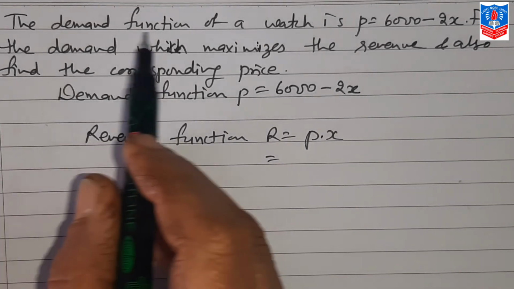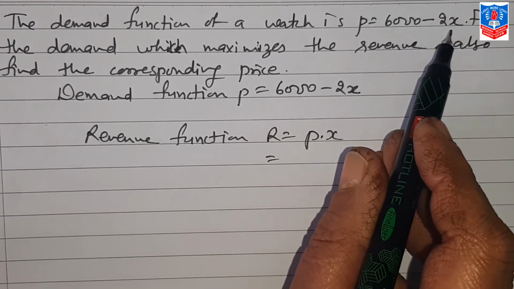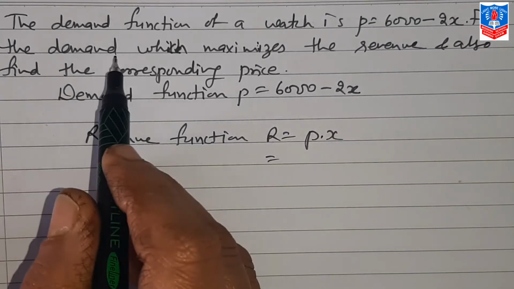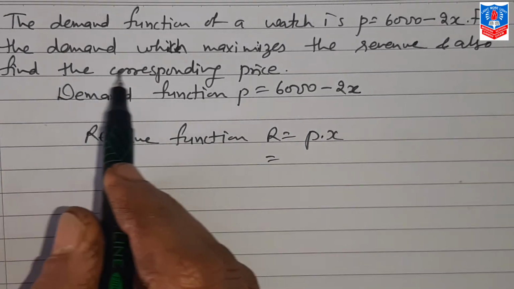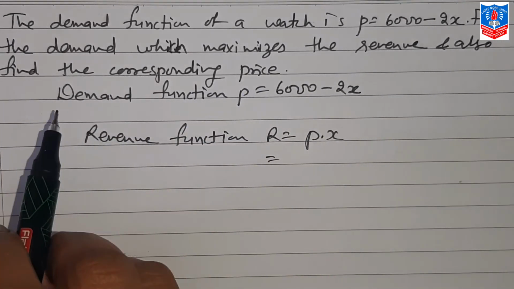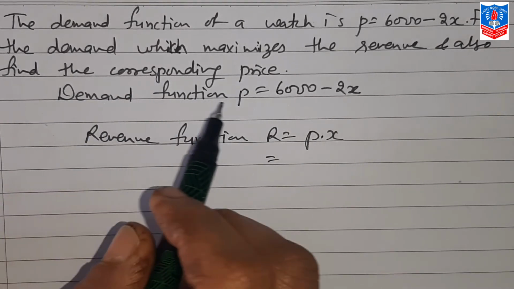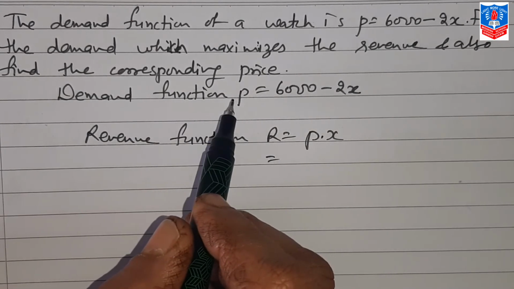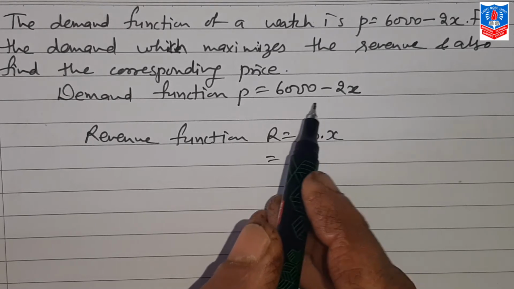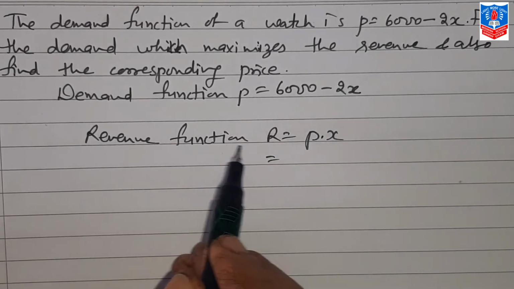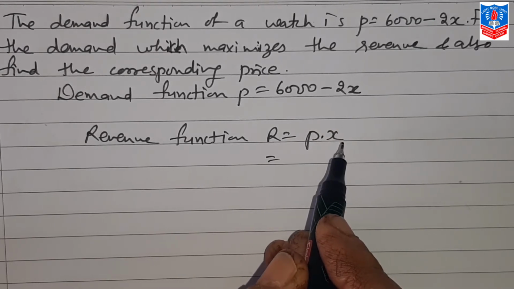Next sum: the demand function of a watch is P equal to 6,000 minus 2x. Find the demand which maximizes the revenue and also find the corresponding price. Now this is connected with revenue. Here the demand function P is given as 6,000 minus 2x. Now we know very well that the revenue function R is P into x.